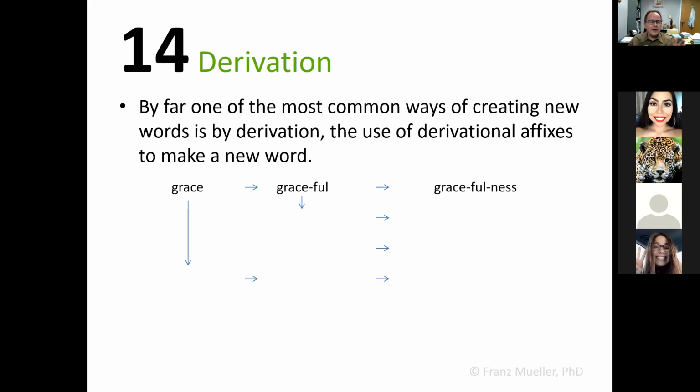So just like you make graceful from grace, you also make hopeful from hope and helpful from help, and so on, right? And of course, once you have helpful, you can make helpfulness. And once you have hopeful, you have hopefulness. As a learner of the language, you didn't have to memorize all of these separately.